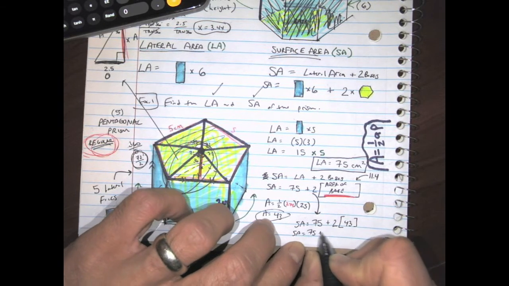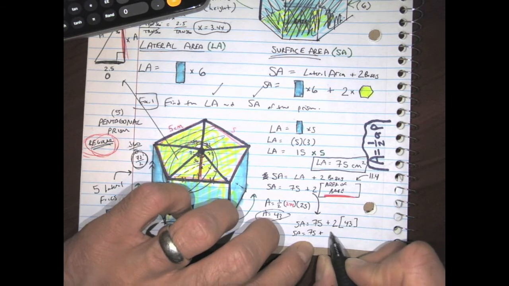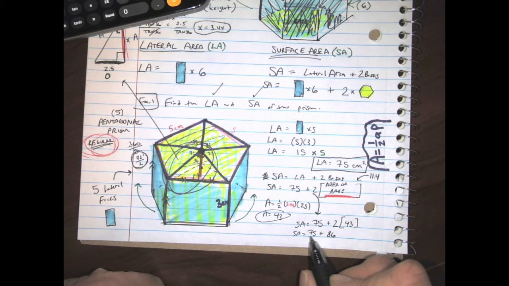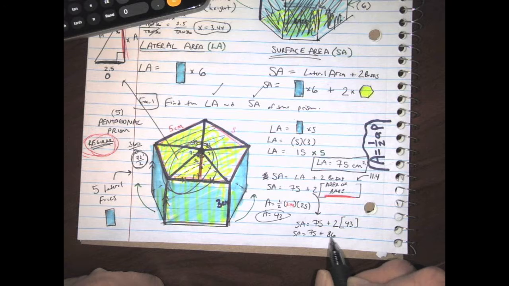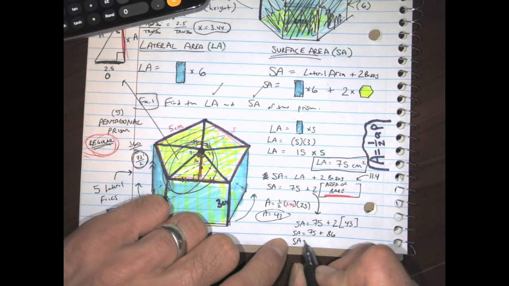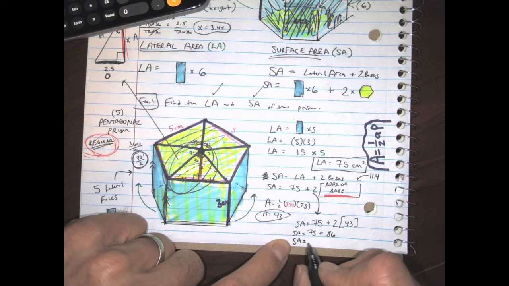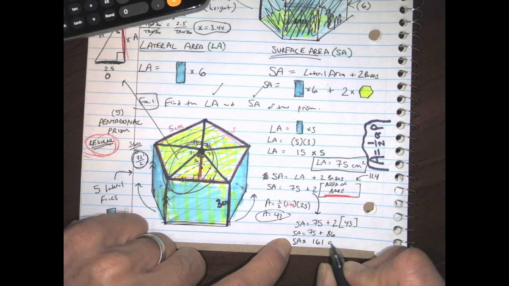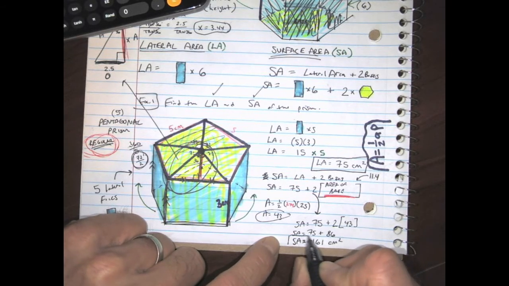So we got 75 plus 2 times 43, that's going to be 86. And if you add 75, the lateral area, blue, plus 86, the bases, yellow, you're going to get a total surface area of 161 centimeters squared.